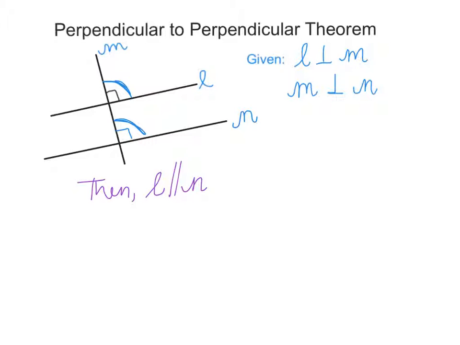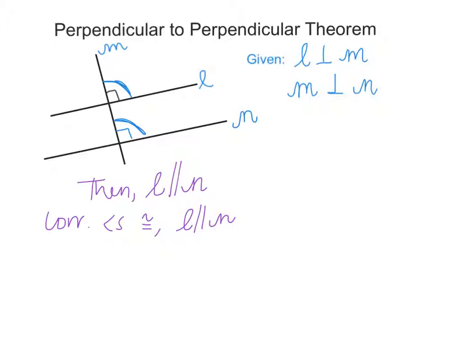The transitivity doesn't hold. Since the corresponding angles are congruent, L has to be parallel to N because that's one of our theorems from earlier.